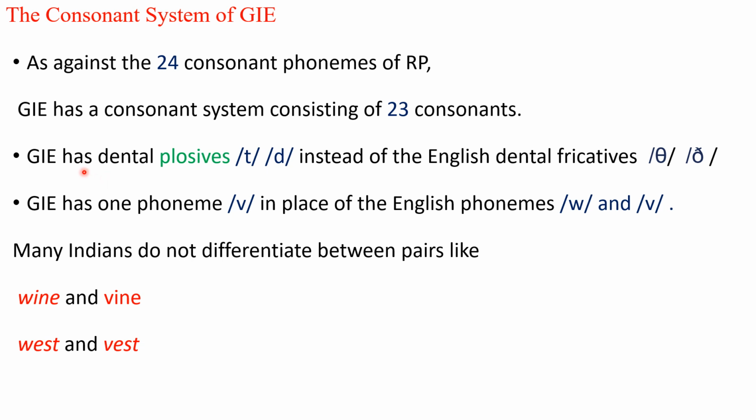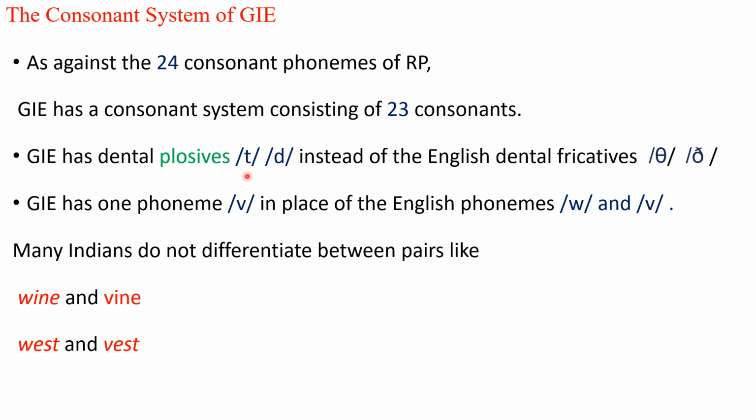We also see in GIE the plosives t, d. What are plosives? Plosives involve complete closure in the mouth and sudden release of lung air. Plosive, explosive: sudden complete closure in the mouth, then we release the air.